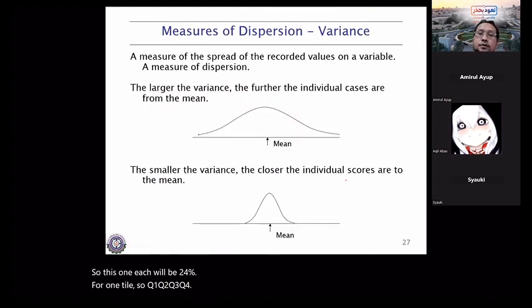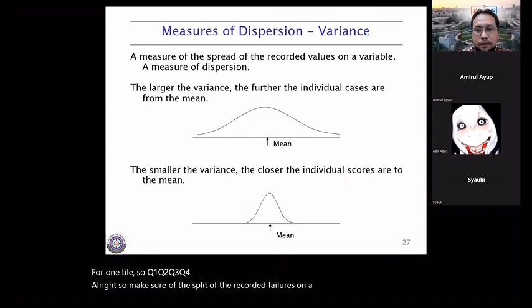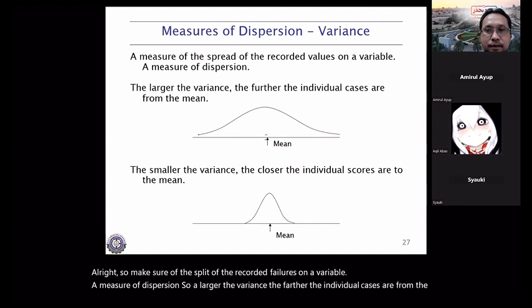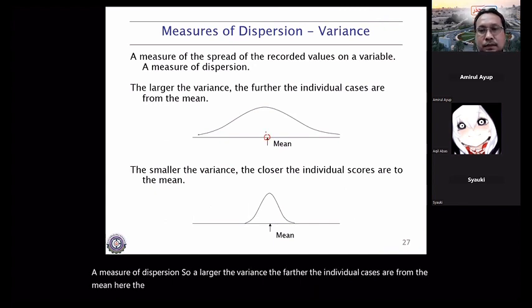So this is a measure of the spread of the recorded values on a variable, a measure of dispersion. The larger the variance, the farther the individual cases are from the mean. If the variance is larger, the cases will be far away from the mean.